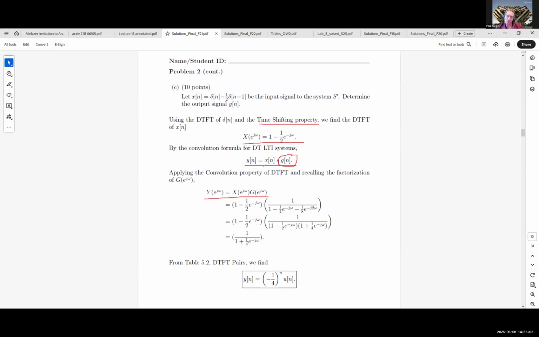So the transform of the output we're interested in, y of n, is just the product of X of e to the j omega with G of e to the j omega. And as I said, the problem was rigged so that this X of e to the j omega would exactly cancel the H1 of j omega, which was 1 over 1 minus a half e to the minus j omega. So these two pieces cancel each other out.